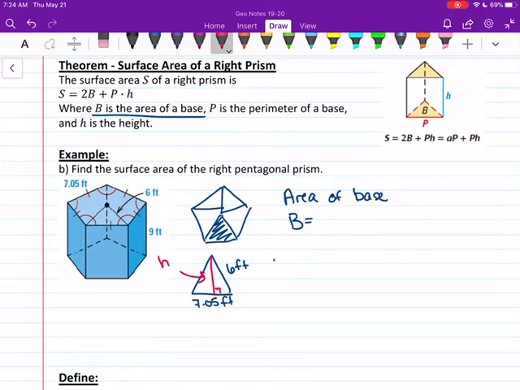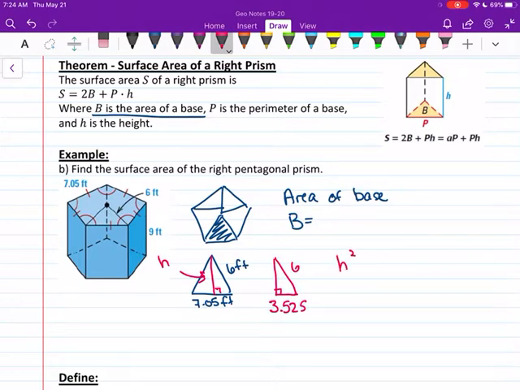Okay, so my little right triangle has 6 feet. Oops, I didn't mean to put an F. I meant to put a 6. And then 7.05 divided by 2 is 3.525.